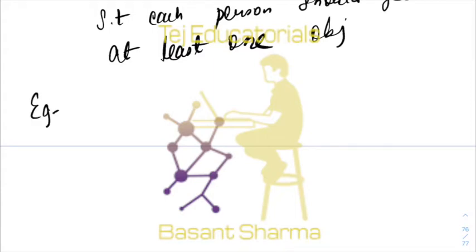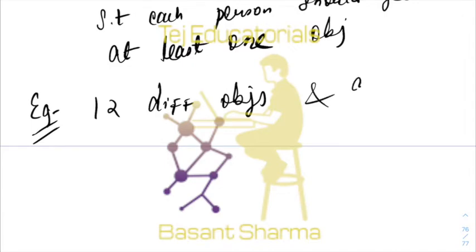Suppose you have 12 different objects and you have 9 persons. The wrong way of doing this problem would be as follows. Let me write this down. Erroneous logic.